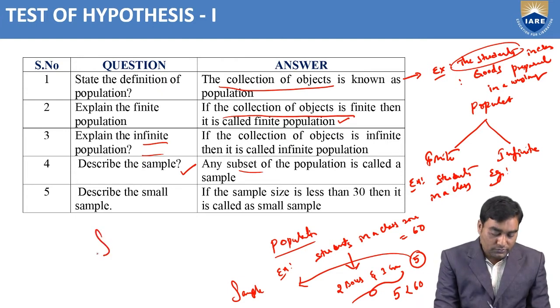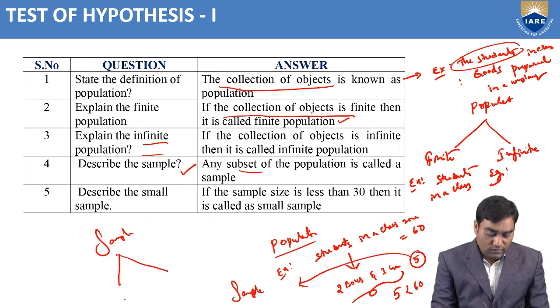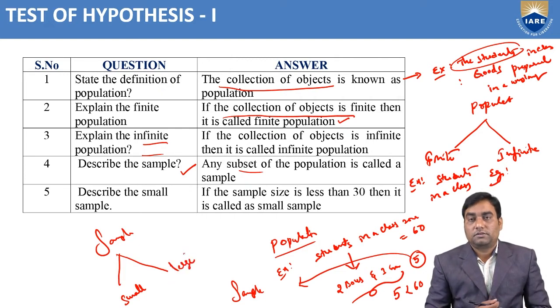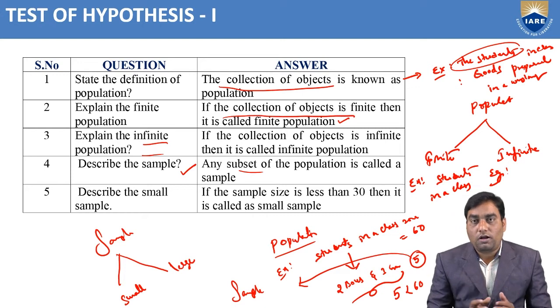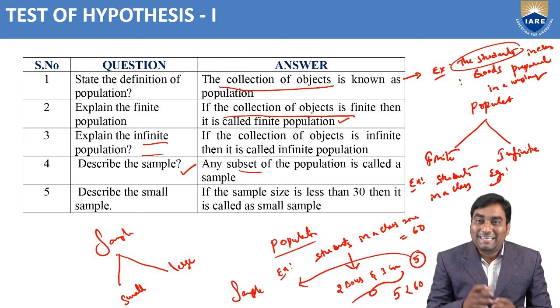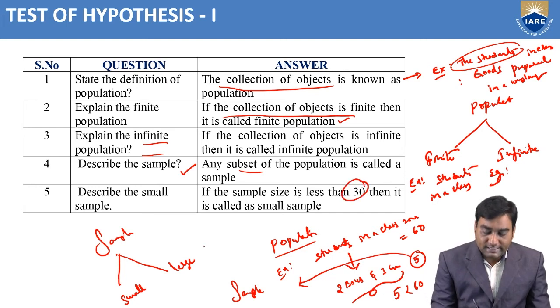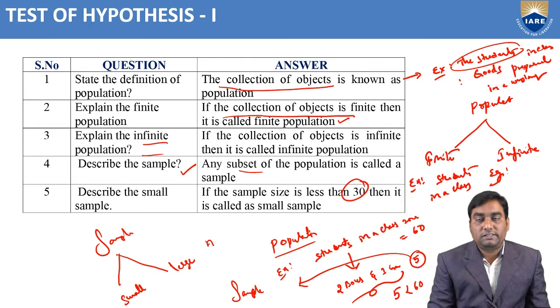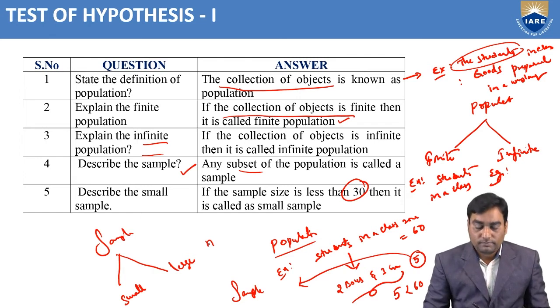This sample also divided into two parts. One is small samples and second one is large samples. When the sample is small and when the sample is large, it depends on the size of the sample. Sample size is denoted by small n, the symbol.